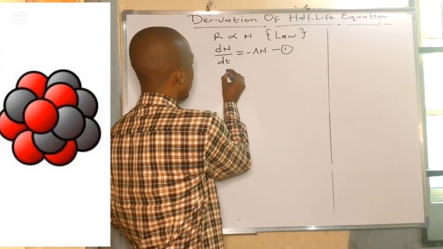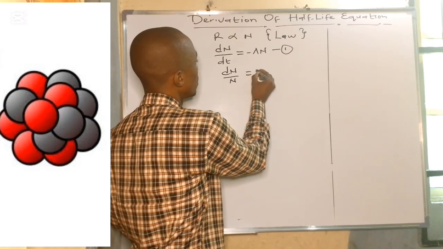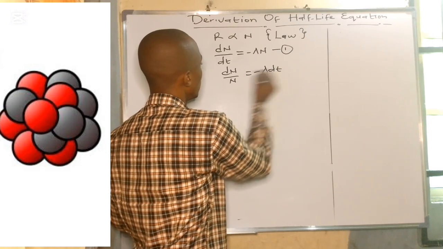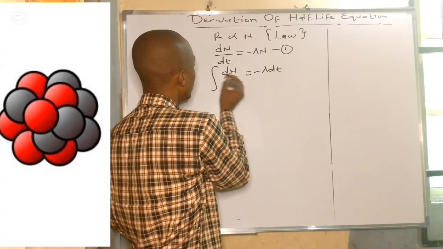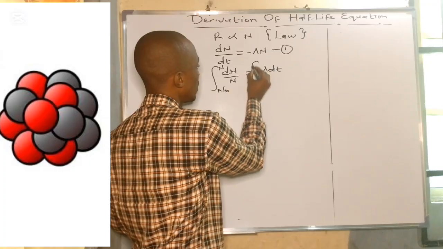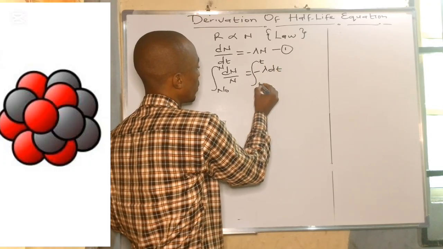If I do that, I'll have dN over N equal to negative lambda dt. If I integrate, I'll have limits: N to N naught here, and t and 0 on the other side.